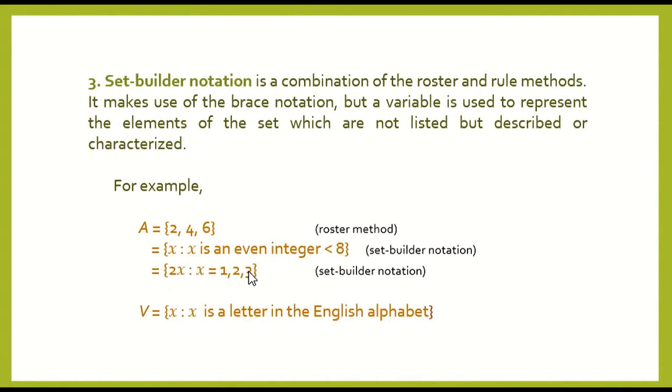When x is 3, 2 times 3 is 6. So that is another way to write the set in the set builder notation. And we have also the set V: x such that x is a letter in the English alphabet. That is how we write the set in set builder notation.